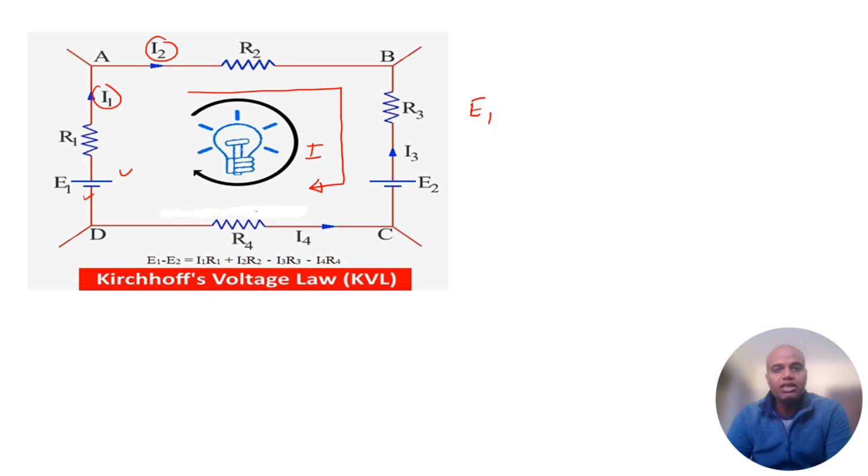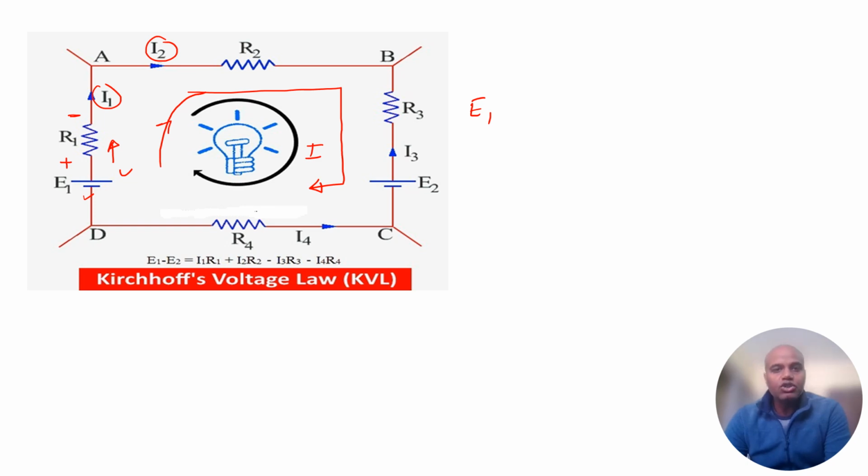I have assumed the loop current I is flowing in the clockwise direction. When this current I enters R1, this end will be positive and this point will be negative. When the current is leaving, it will be at the lower potential.